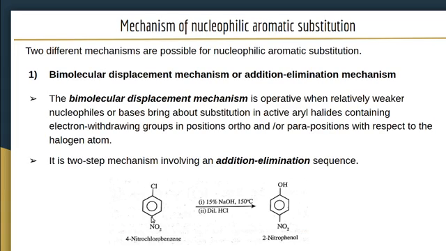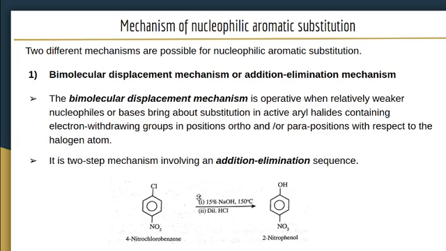Because of the presence of the nitro group, this ring becomes more active towards nucleophilic substitution reaction. Electron withdrawing groups withdraw electrons from the pi electron cloud of the ring, so this ring becomes more electron deficient. There will be some electron deficient character, somewhat positive character, for this ring.